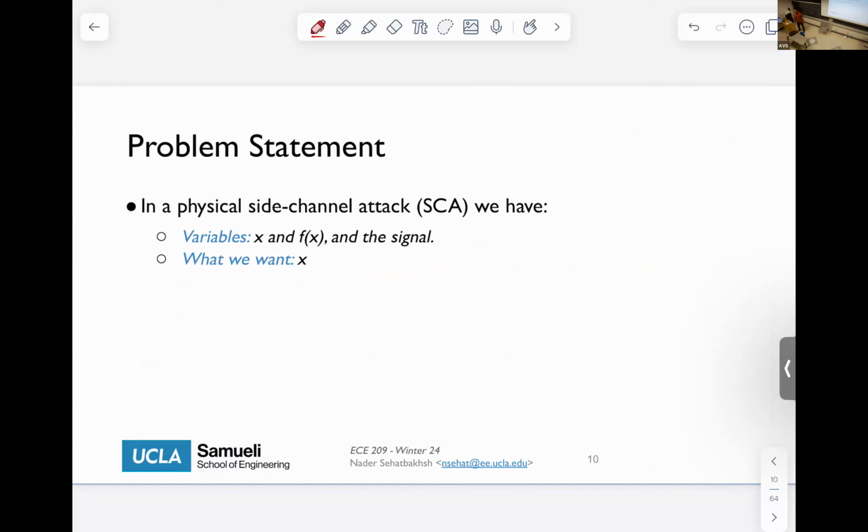So to make it a little bit more formal, the problem in side channel attacks, or generally SCA, is that we usually have an X and f of X. And what we are trying to do is, by seeing f of X, we see X. Or in a more specific way for cryptography, if we have f of X of K, and we observe f of X of K, and let's say we also know X, from these two we want to get K, right?